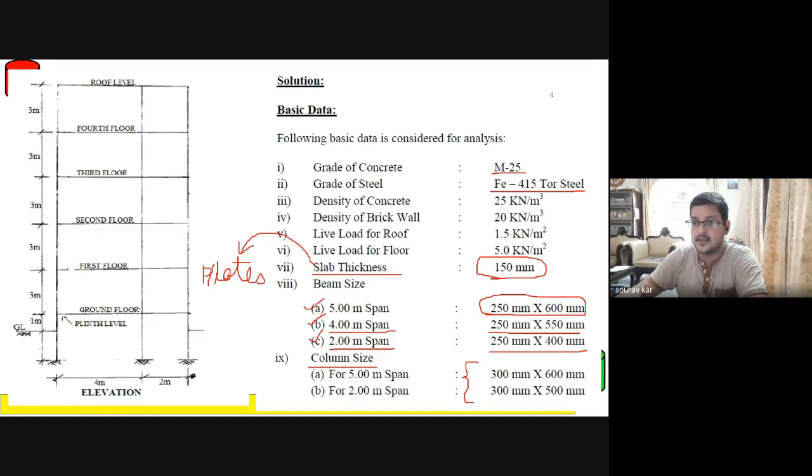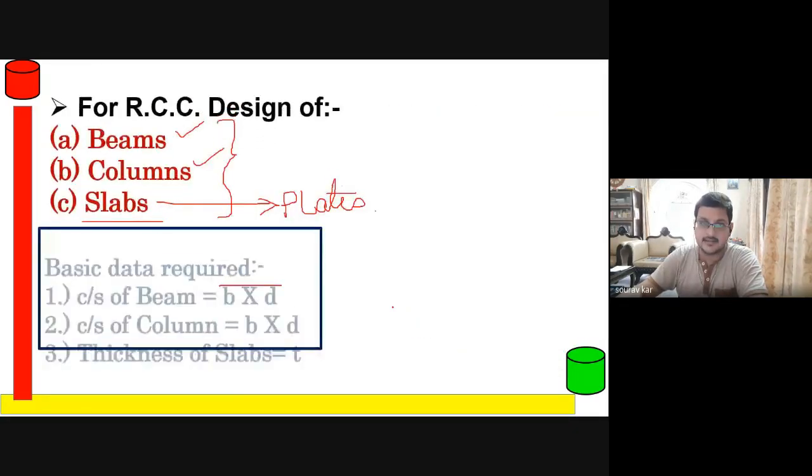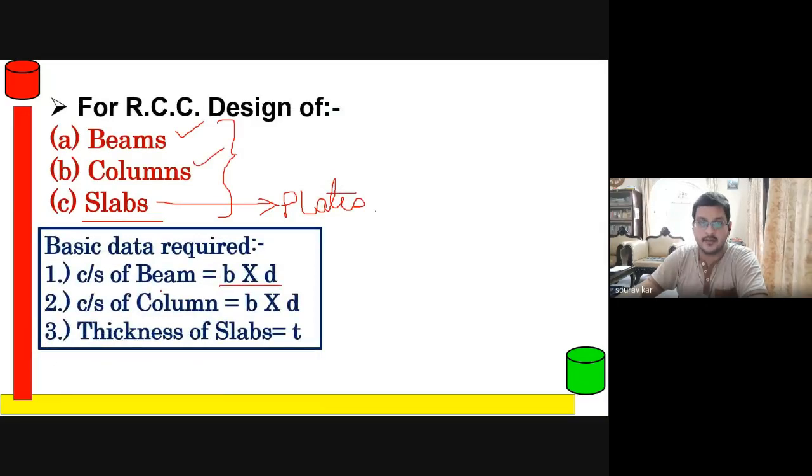Similarly, for columns, we have used 300 by 600 mm and 300 by 550 mm. We need the cross section of columns, and for slab, we need the thickness of slab, which is taken as 150 mm. But we have not practically constructed the slab.